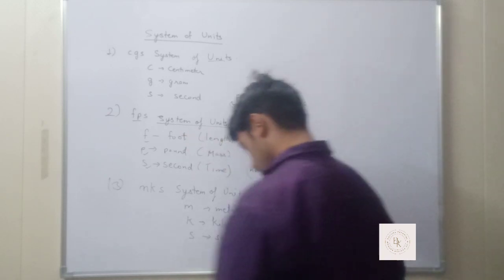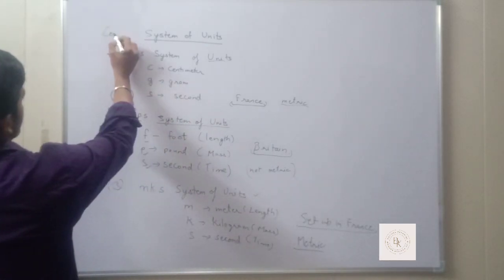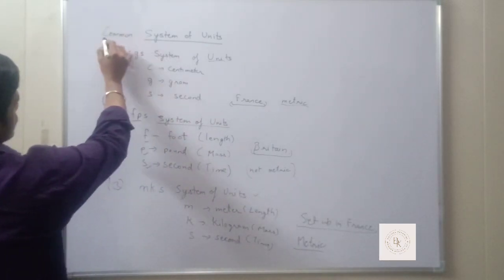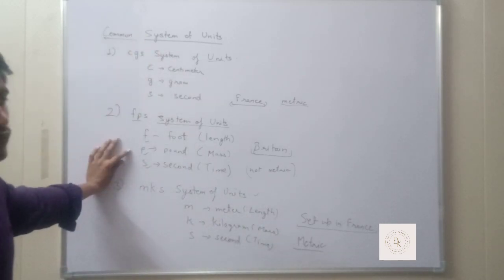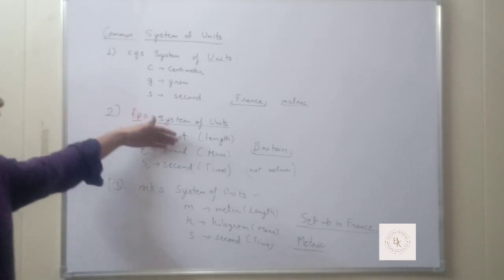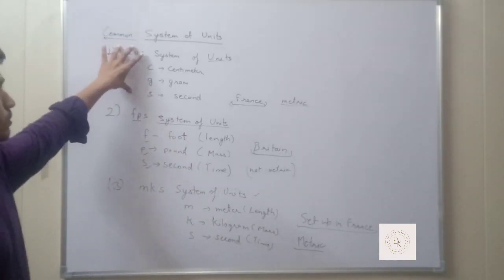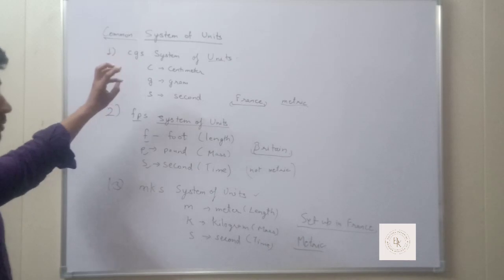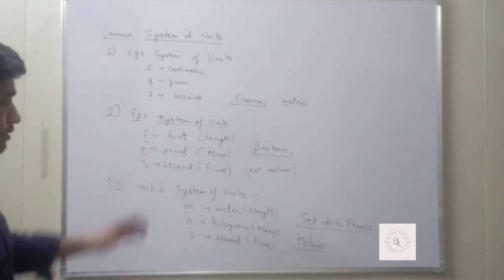So these are some common systems of units which we generally use in the measurement of different objects. For measuring length, mass and time, the common systems of units are the CGS system, the FPS system, and the MKS system.